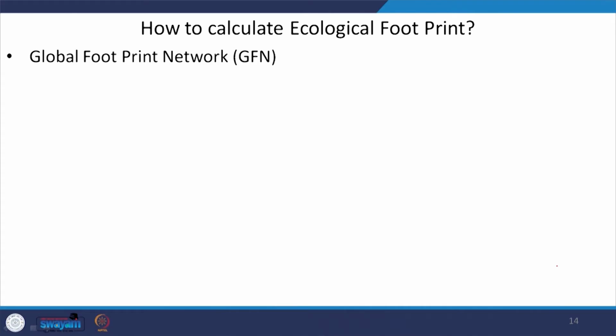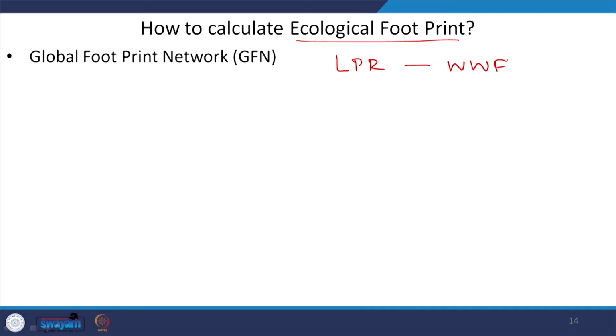So, first of all, we have found this ecological footprint data or calculation in the Living Planet Report that is published by the World Wildlife Fund for Nature.